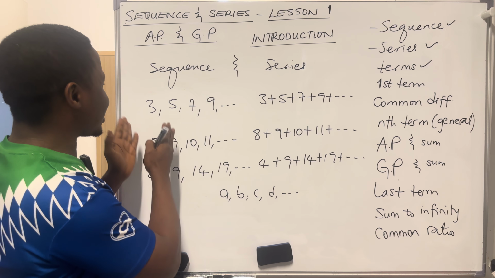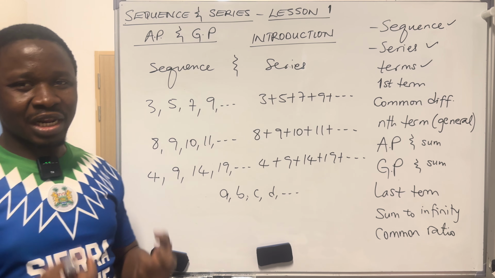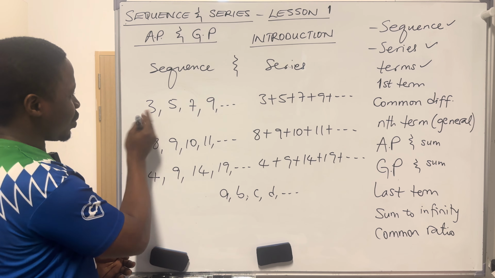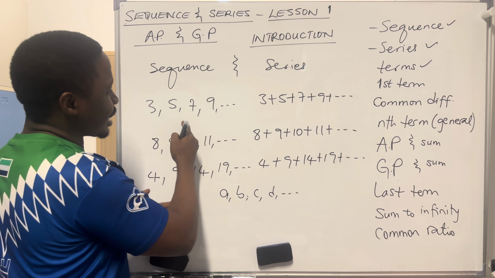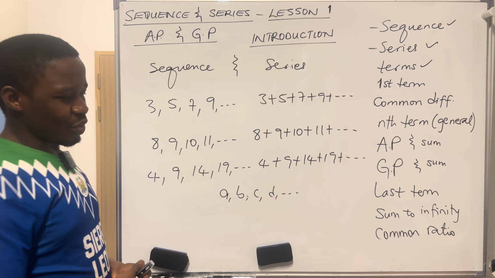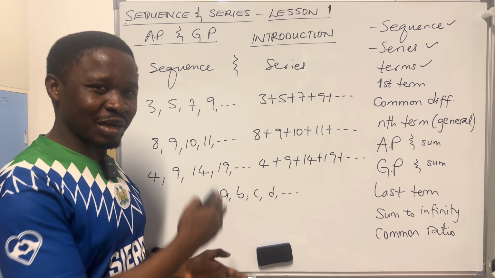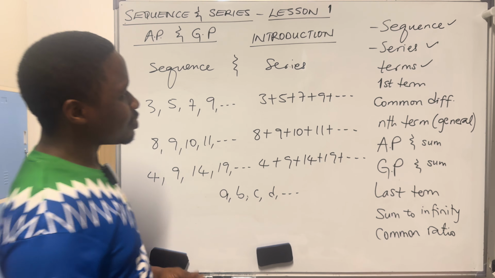We can simply say terms. Term is just a general word for what is listed. So this is the first term, the second term, the third term, the fourth term, and so on. This is what we mean by term.